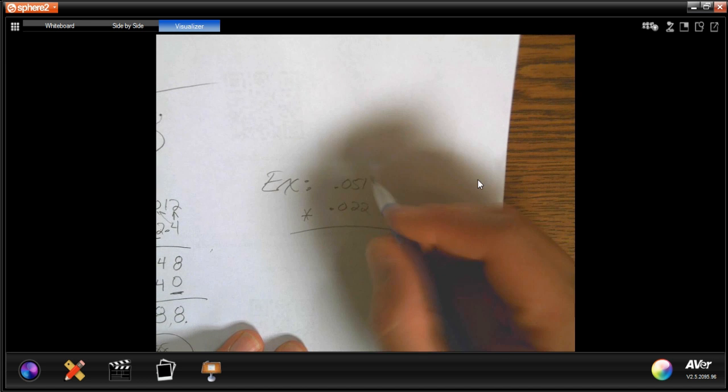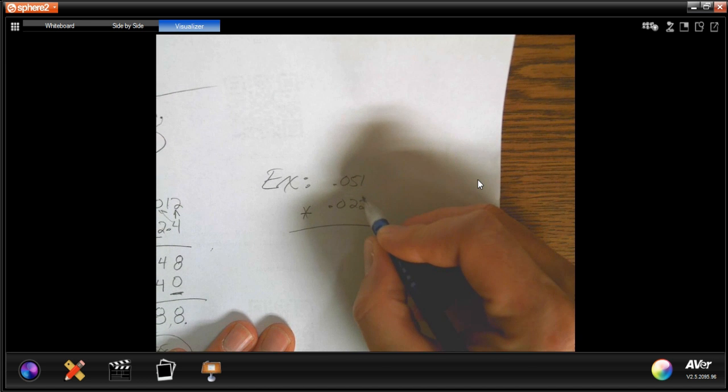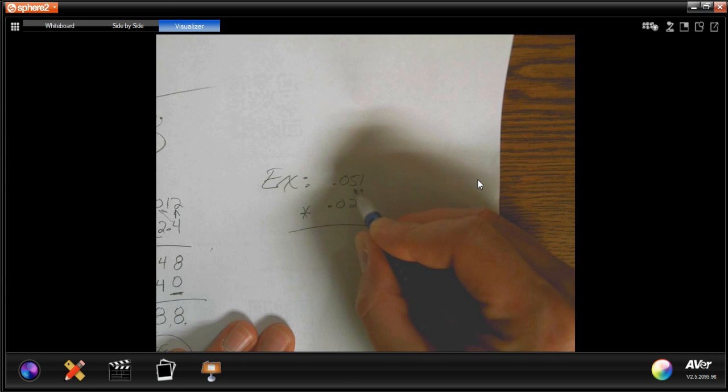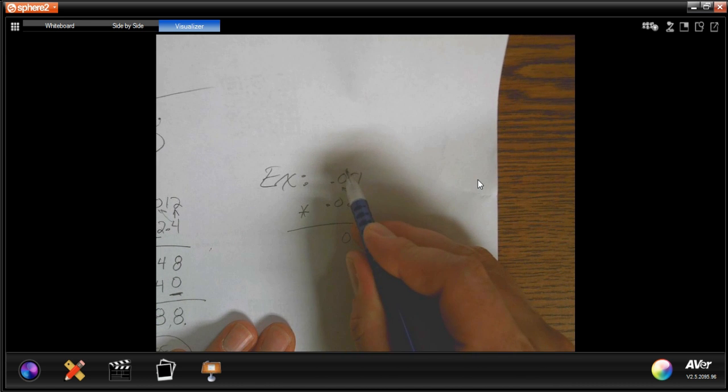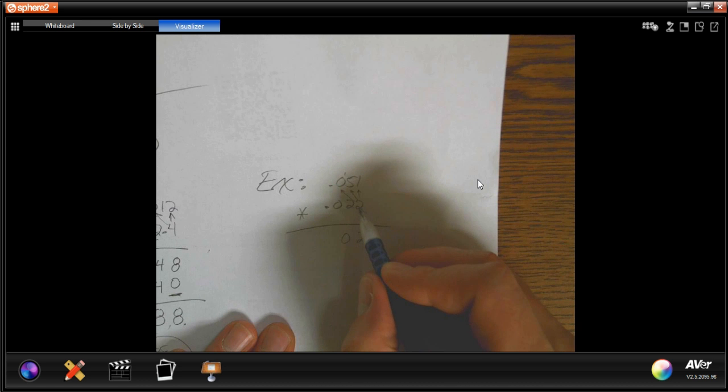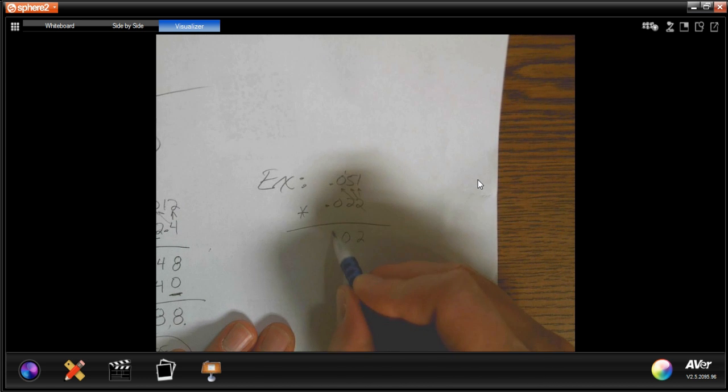Let's do 0.051 times 0.022. So we're going to do 2 times 1, 2 times 5, and 2 times 0. 2 times 1 is 2. 2 times 5 is 10, so we write 0 and carry the 1. 2 times 0 is 0, plus 1 is 1.